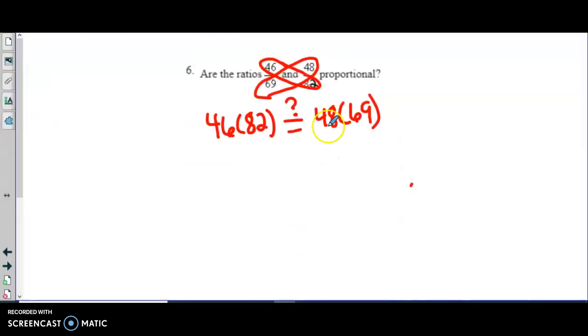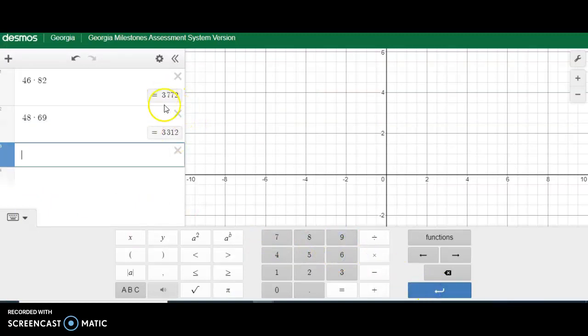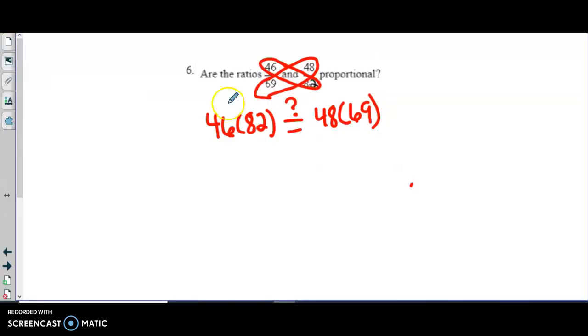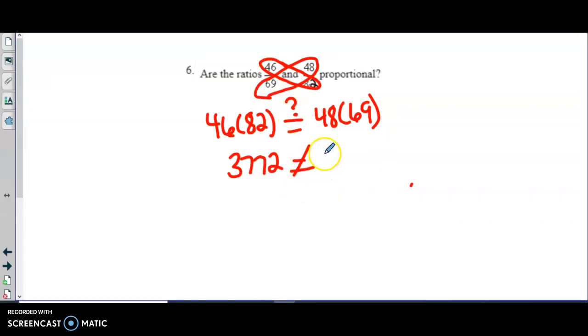Okay, and then the next one was 48 times 69. These two numbers are not equal. 3,772 does not equal 3,312. So these are not proportional.